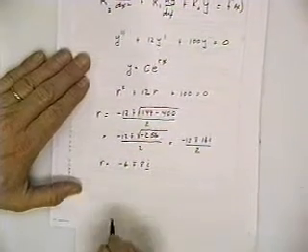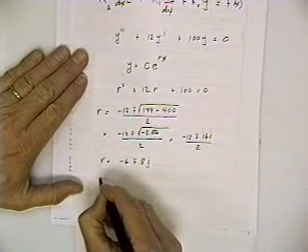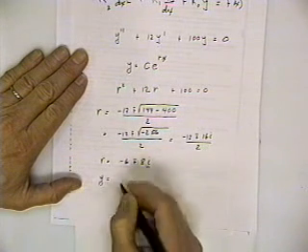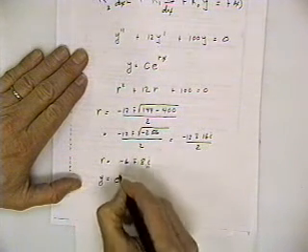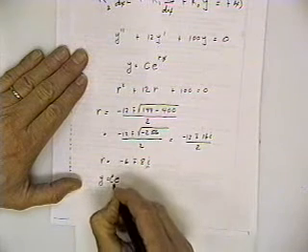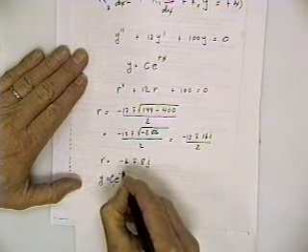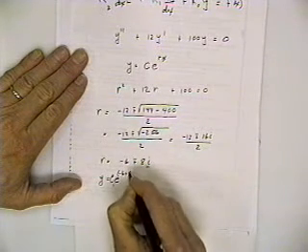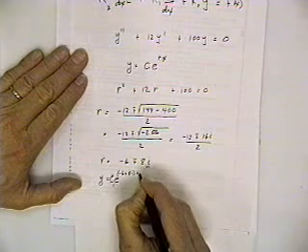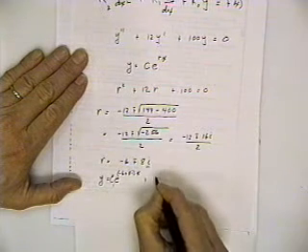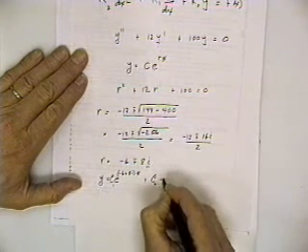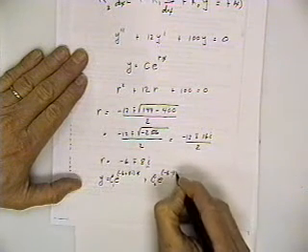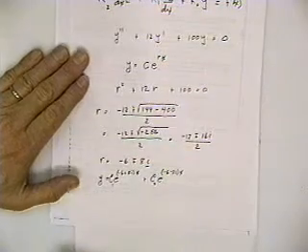Now, the solution, technically, is y equals c1 e to the minus 6 plus 8i x, plus c2 e to the minus 6 minus 8i x.